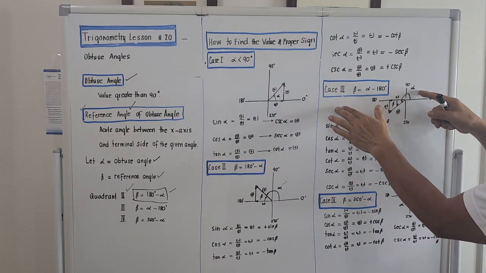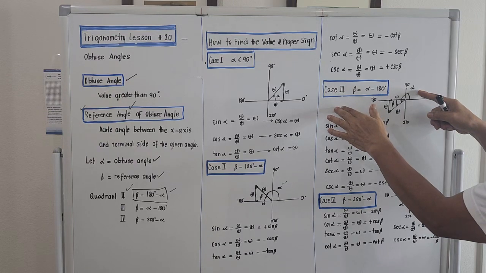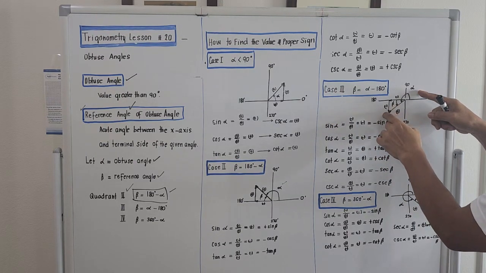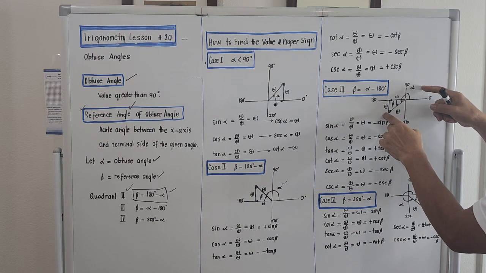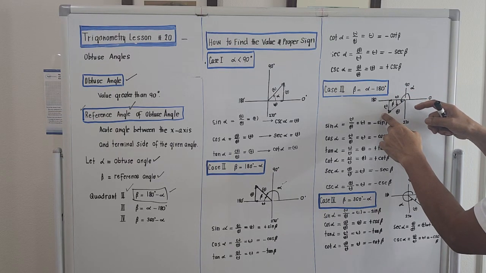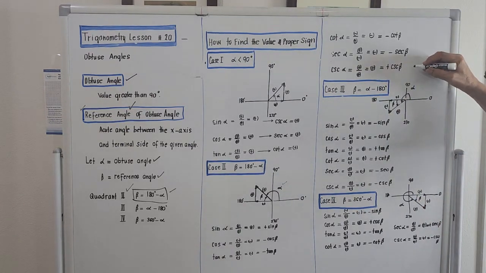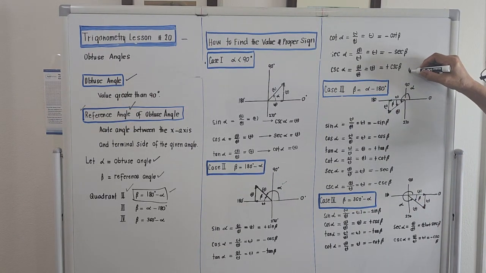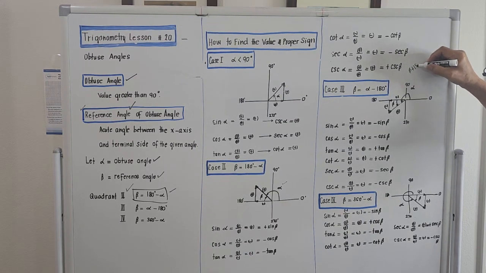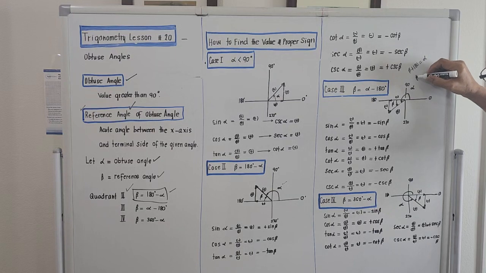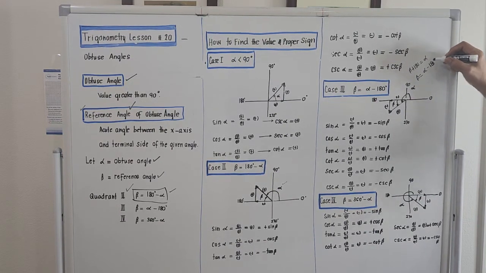If it falls under case number 3, quadrant number 3, beta should be equal to alpha minus 180. Right? Because beta plus 180 is actually equal to alpha. So beta should be equal to alpha minus 180 for case number 3.